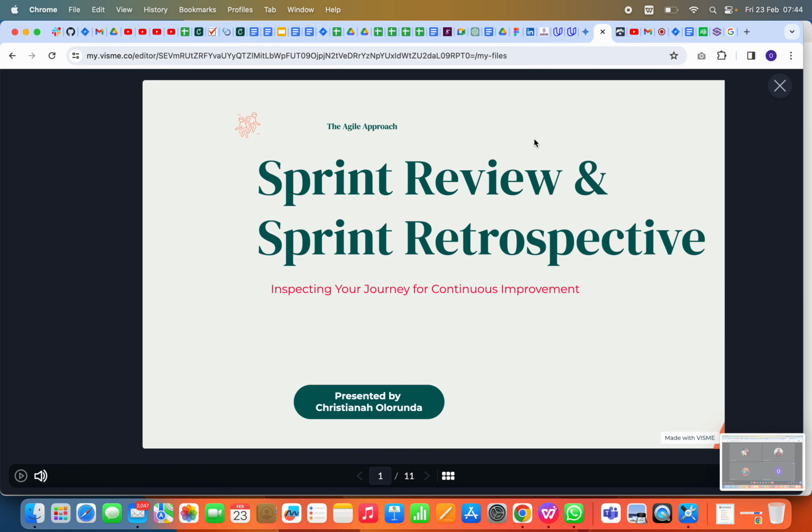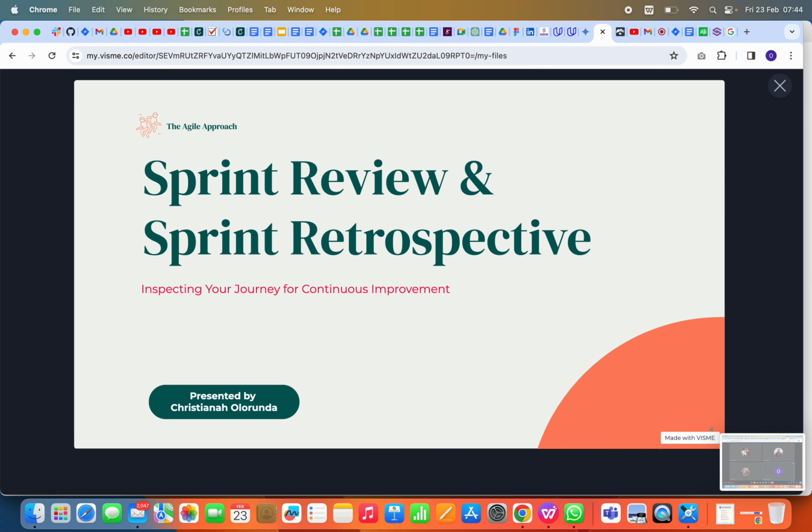I was just giving a summary of what we have learned so far on the Scrum framework. In the last session we learned about the sprint planning and the product backlog refinement, where I showed you my product backlog in Jira and those user stories, what they entail, and I mentioned that for the sprint planning we estimate work and then we refine the product backlog.